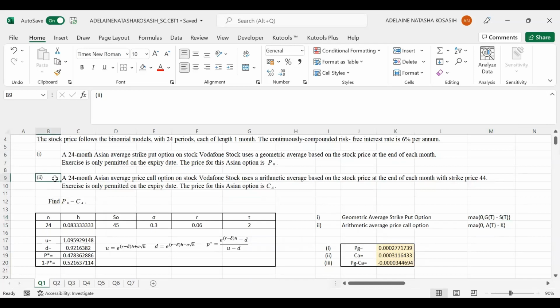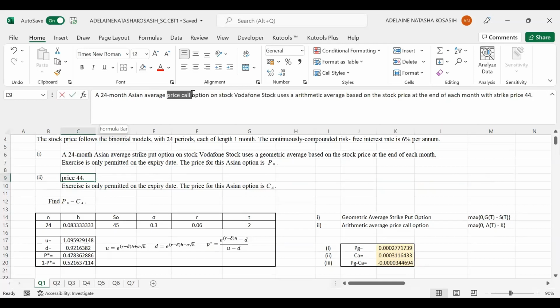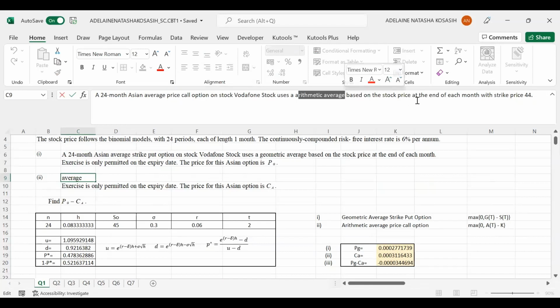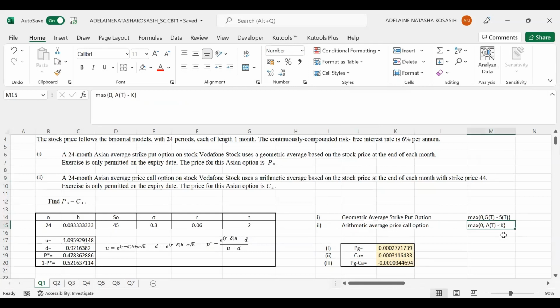For the second question, we have a 24-month Asian average price call option on one stock. Use an arithmetic average based on the stock price at the end of each month, with a strike price of 44. So for the second one, the payoff is max(0, A_T − K) for the arithmetic average price call option.